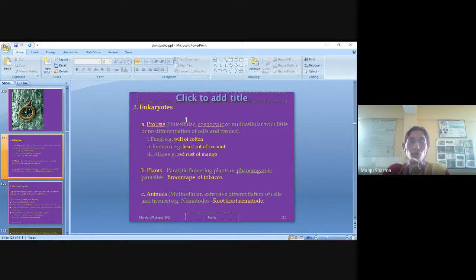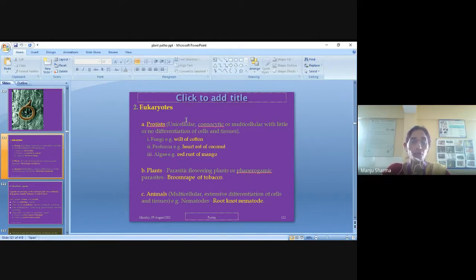In eukaryotes, basically protists are included. Protists are unicellular, coenocytic or multicellular with little or no differentiation of cells and tissues.